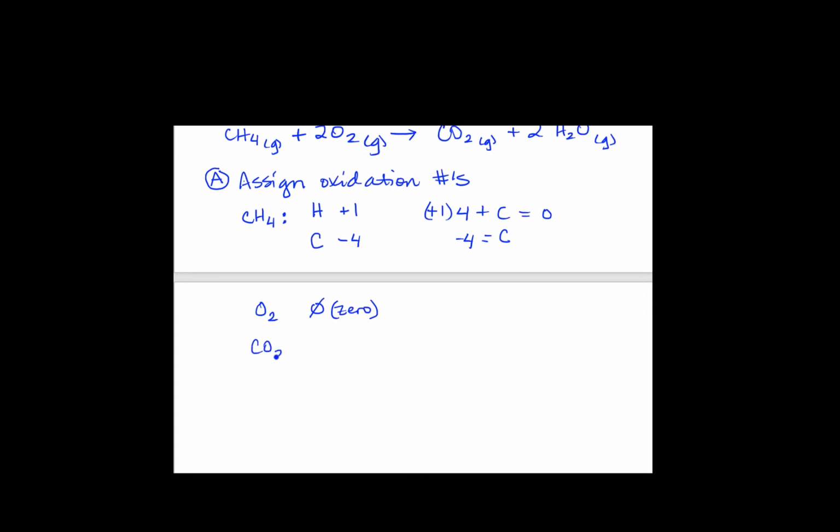So carbon dioxide, we're going to again start with what we know, and we know that oxygen is usually -2. So if I have 2 of those -2s plus carbon, and that's a neutral compound, then my carbon has to be a +4 in order to neutralize that. And then our final compound here is water. And you can start with either element here. Oxygen is a -2, hydrogen is +1, and everybody is all set.